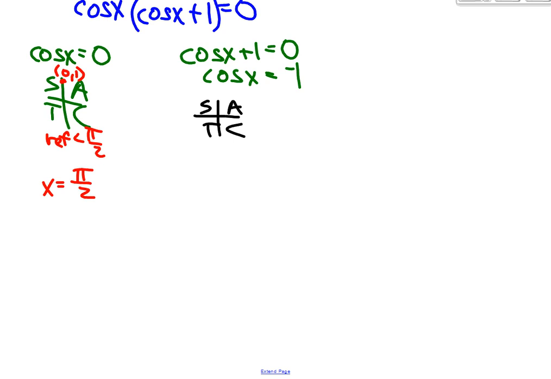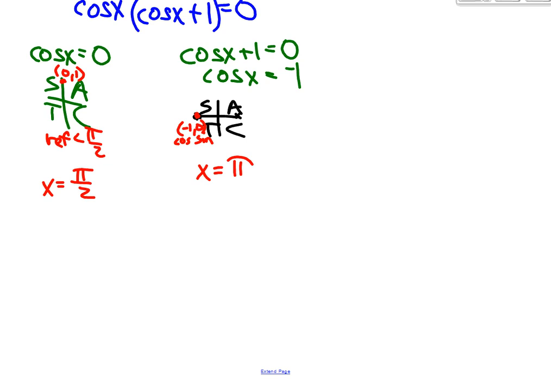At 0, and so we want it to be equal to -1, so we really want it over here, and that's when our point would be -1, 0, cosine comma sine, if you are forgetting that. And so here x is equal to pi. And those are our two possible solutions.